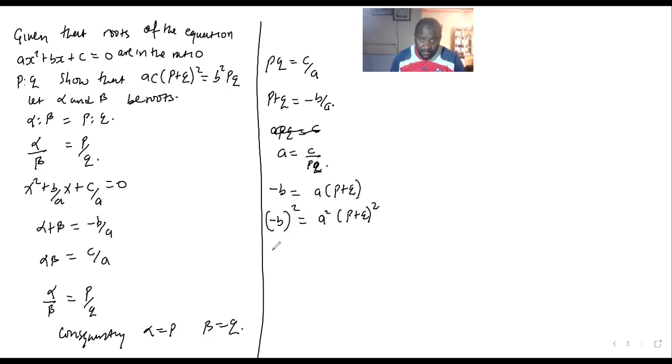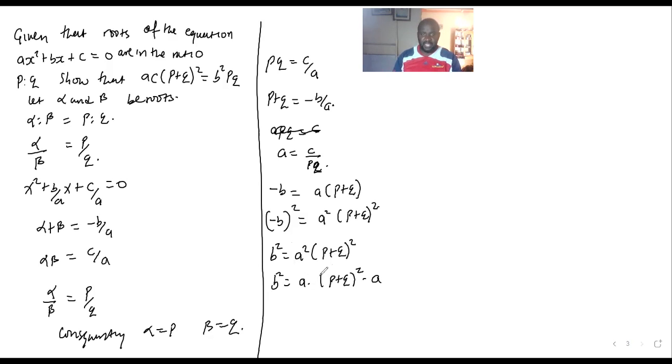So this will give me b squared is equal to a squared into P plus Q squared. So you see that you have b squared is equal to a times P plus Q squared times a, if I split the a's.